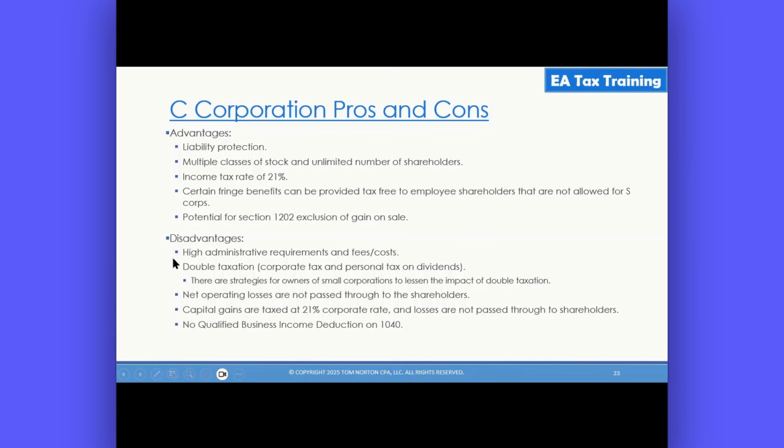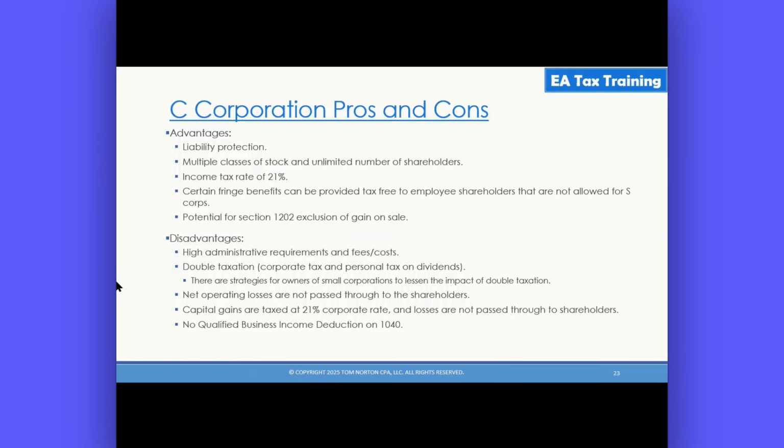It's generally just more expensive to have a corporation than the other types of businesses. There is that double taxation that we talked about. So you get taxed both at the corporate level at that 21% rate, and then again at the personal level when the dividends are issued. However, there are strategies for owners of small corporations to lessen the impact of that double taxation.